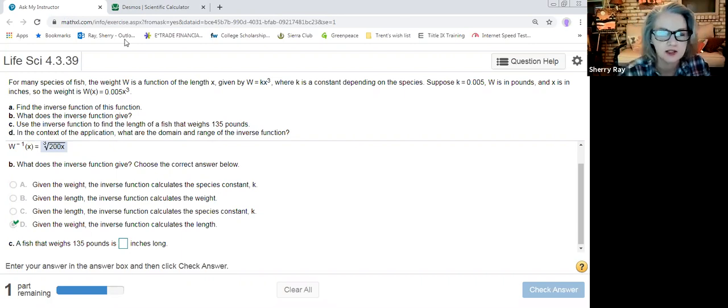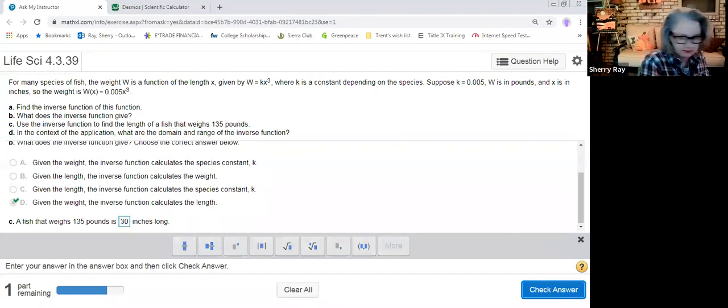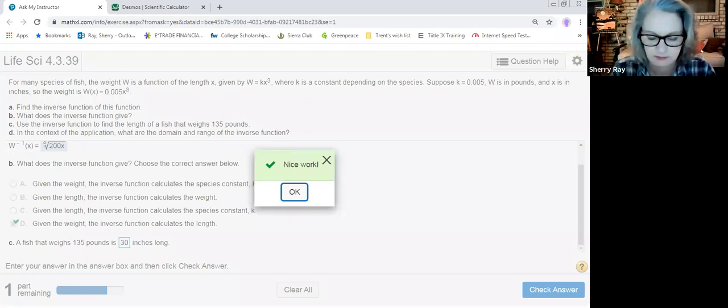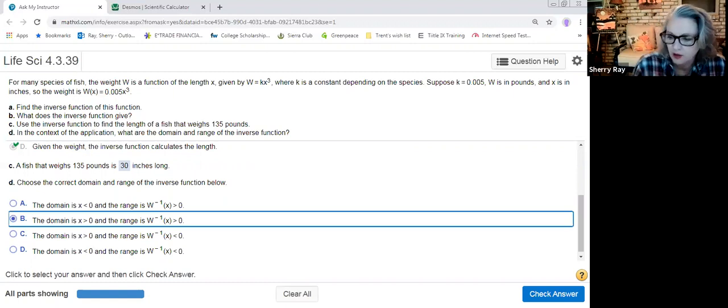I think it's in inches, I believe. So it's 30 inches long. And in any of these application problems, everything has to be positive. You can't have a negative weight. You can't have a negative length. So choose option B, where everything's positive.